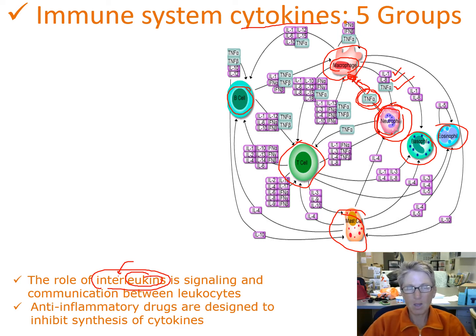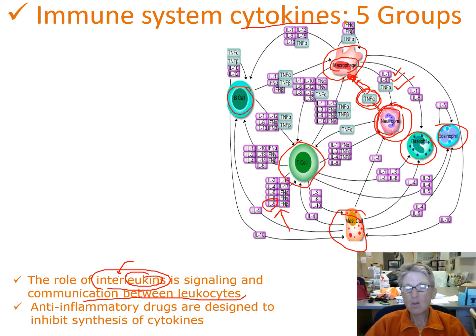So this is communicating between leukocytes. These molecules can be called interleukins, the ILs, interleukin 1 through interleukin, I don't know how many they've discovered, 20? I'm not sure. But the role of interleukins is signaling and communication between leukocytes.